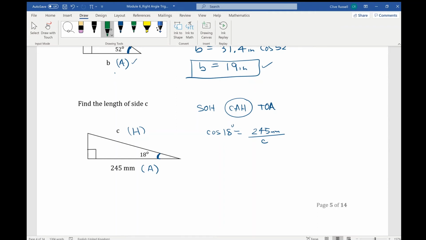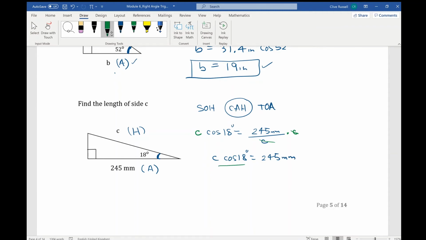We want to find c, so we multiply both sides by c. We're now left with c times cosine 18 degrees is 245 millimeters, but we want only c by itself.